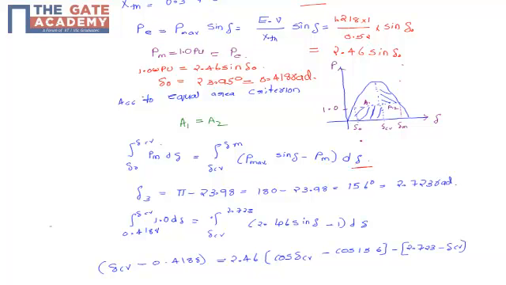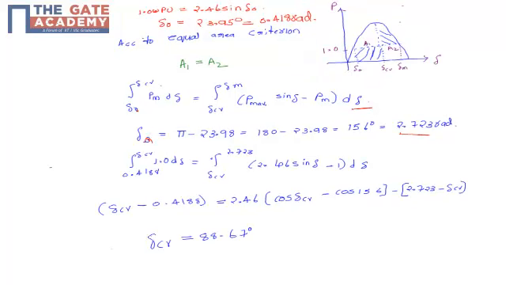Delta M is calculated as 180 degrees minus delta naught, which is 23.95 degrees, so delta M is 2.723 radians. Now we substitute delta naught as 0.418 radian and delta M as 2.723 radians: the integral from 0.418 to delta CR of 1.0 d delta equals the integral from delta CR to 2.723 of 2.46 sin delta minus 1 d delta.